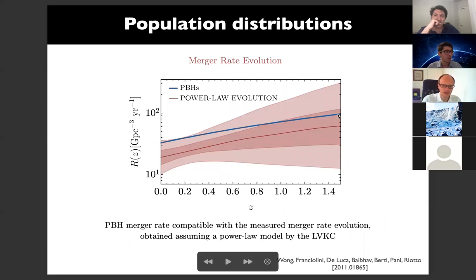So you have a prediction for what to expect at higher redshift, for example from the Einstein Telescope, and you can see if the scenario that you have seen in, for example, the LIGO experiment matches what you see at the Einstein Telescope or not.